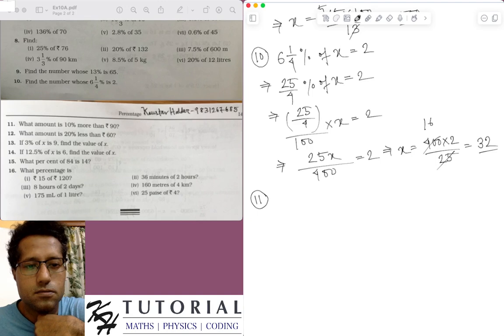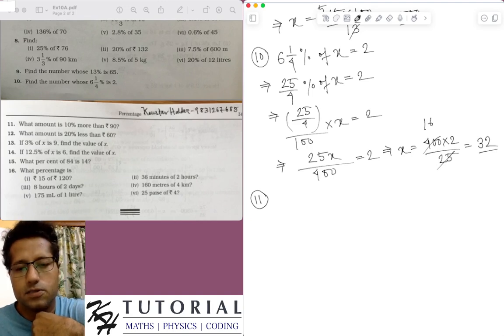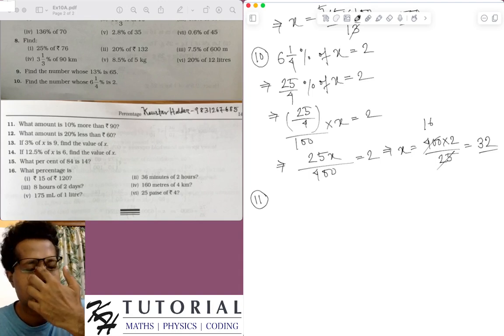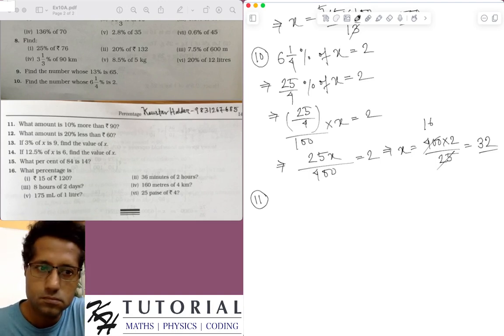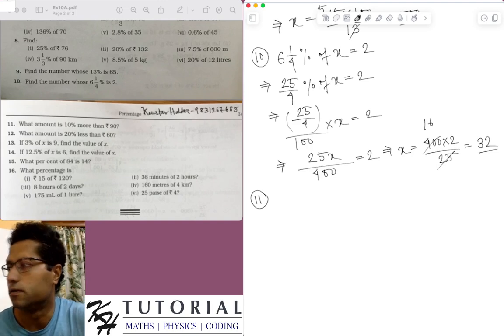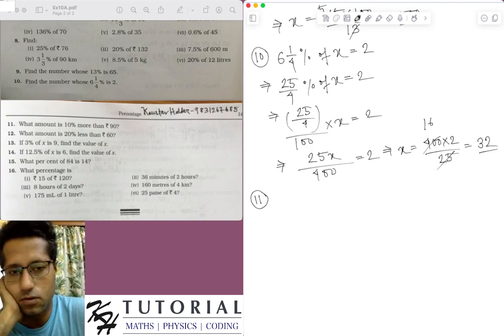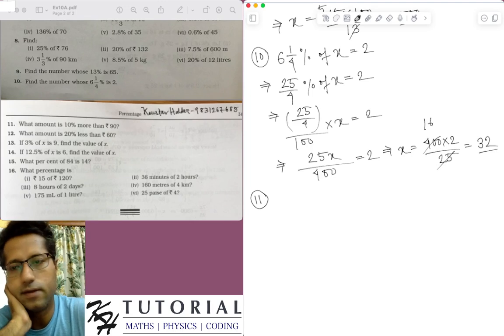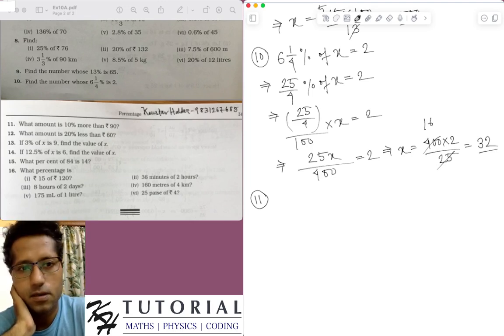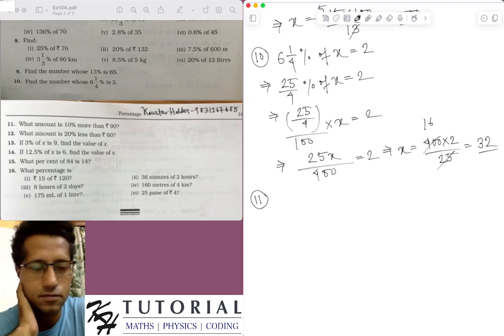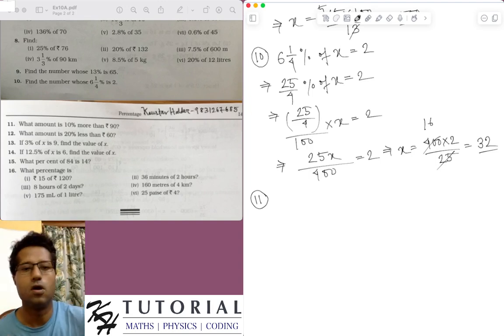So for this kind of problem, it is asking what amount is 10% more than 90. So indirectly it is saying, what is the number which is 110% of 90.